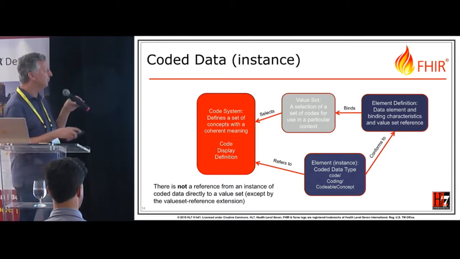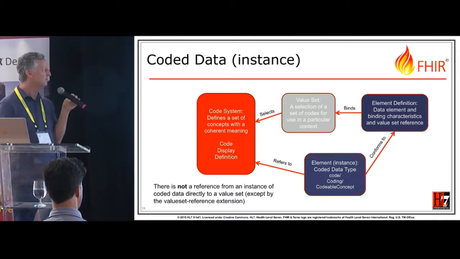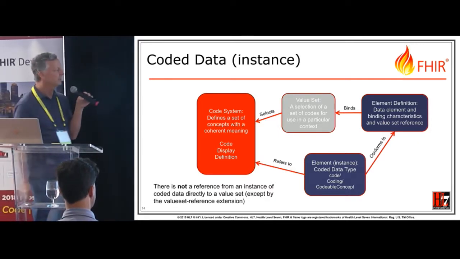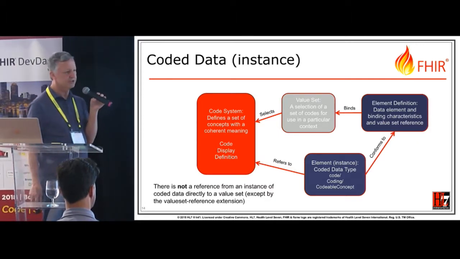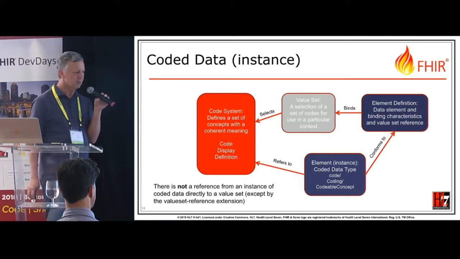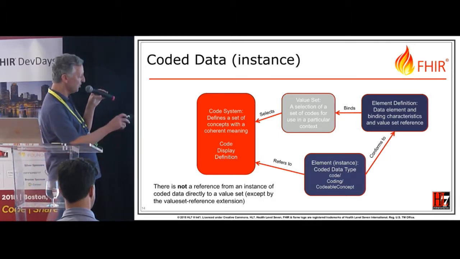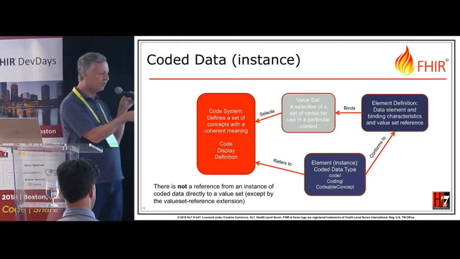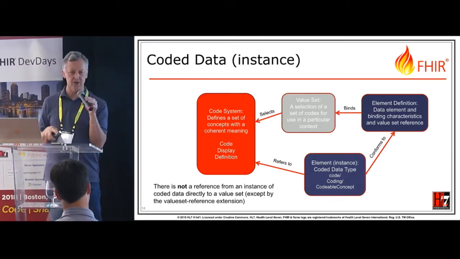Anyway, moving on from that, let's jump all the way to basically an instance of coded data. So you're passing around your resources, and you've populated the elements with your data. And so what you're going to have there is, again, your code system and your value set, but you've got the element definition, and this is where in the spec you're going to be setting up your bindings to terminology.